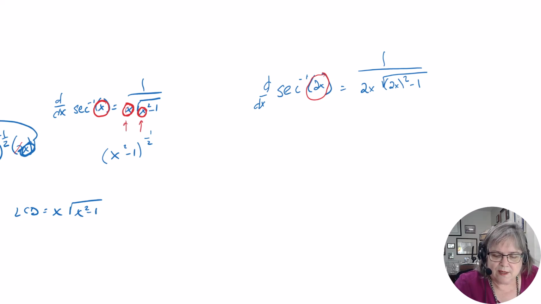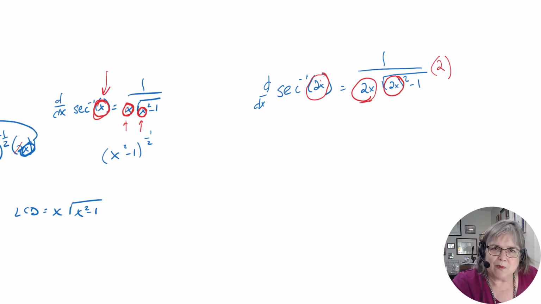And since what's in here is not just an x, you're going to loop back in and take the derivative of the inside. So please keep in mind that this x right here is just a placeholder for whatever it is that your particular problem has.